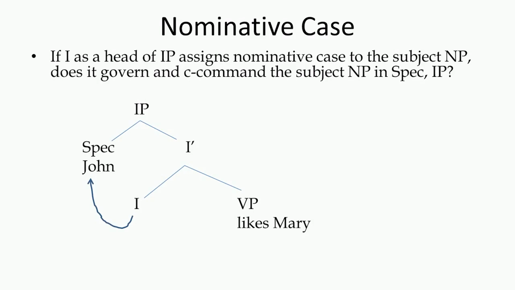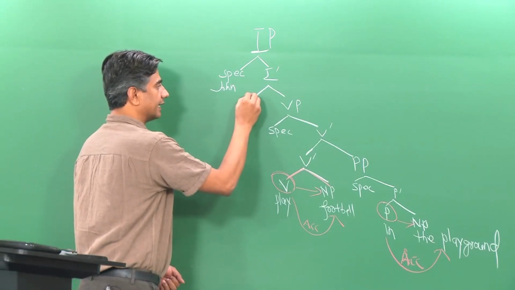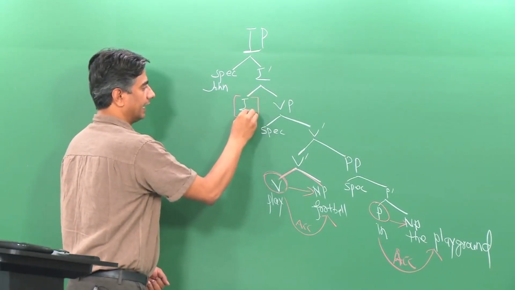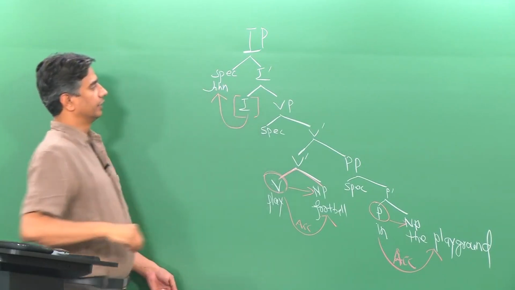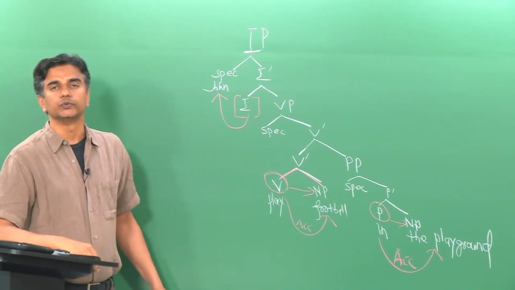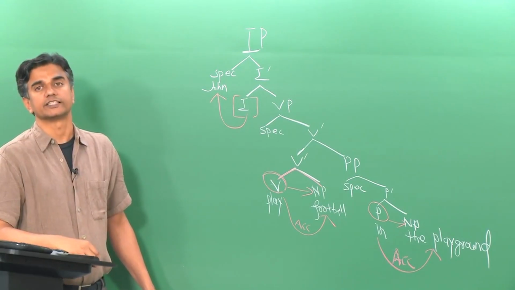You can see the example on the screen, which is a different example, but the same notion is captured in every case, and this phrase structure helps us understand this domain in a beautiful way. The head in this case is I, and I assigns nominative case to the subject NP, which is in the spec position.